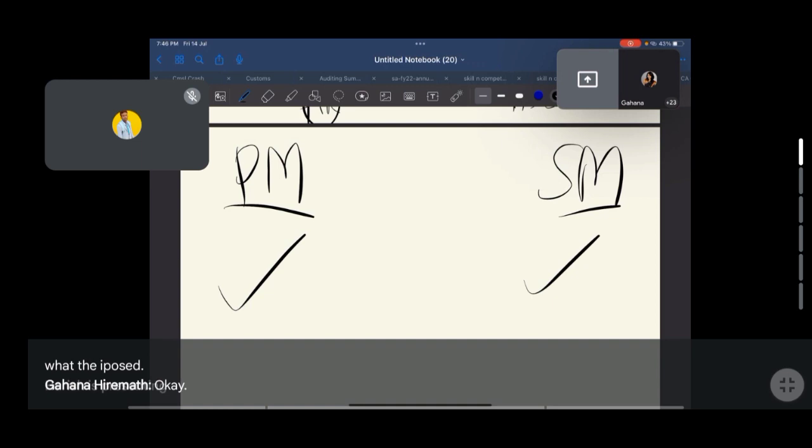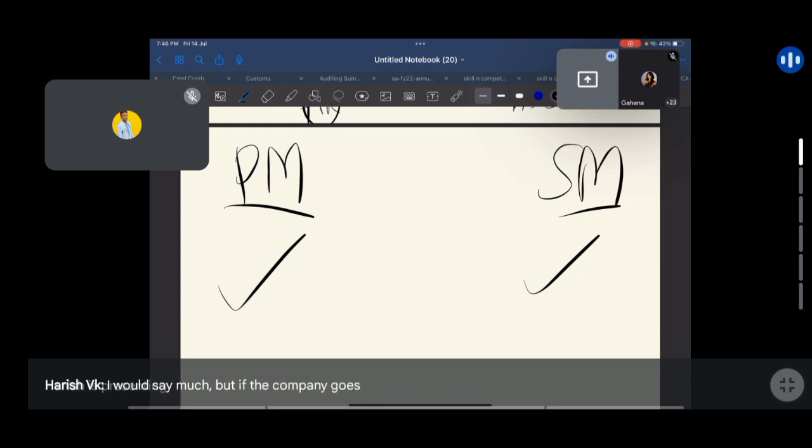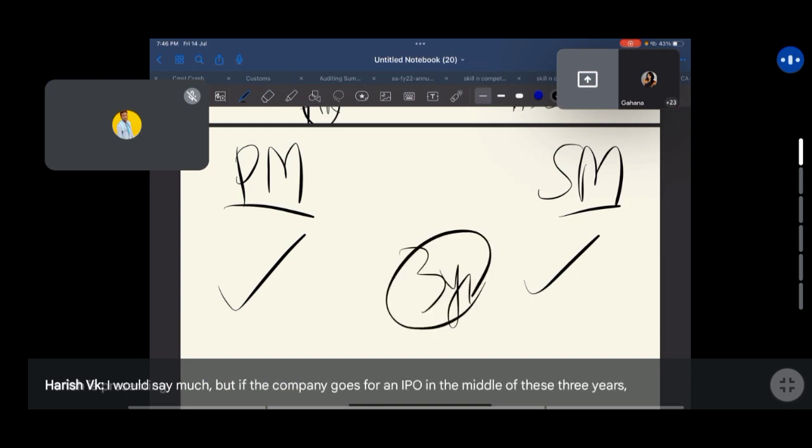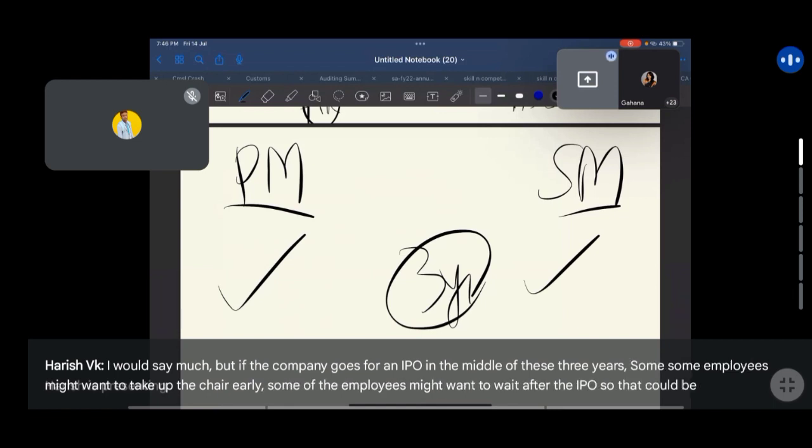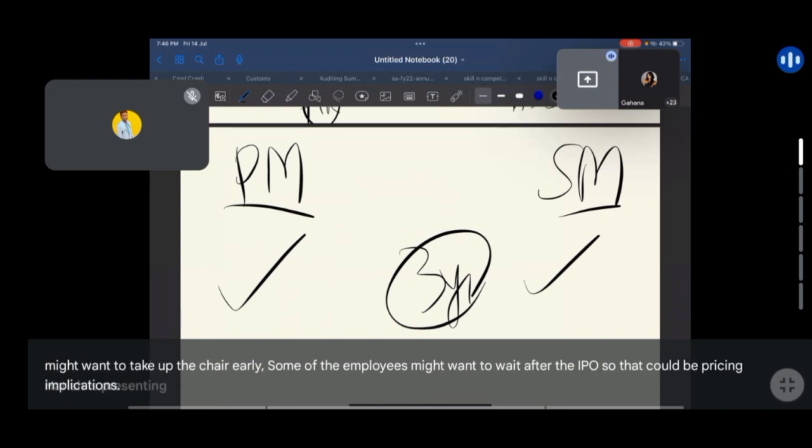But if the company goes for an IPO in the middle of these 3 years, some employees might want to take up the shares early. Some of the employees might want to wait after the IPO. So there could be pricing implications. But as such, there need not be any decision-making problem for the company because these are pre-existing contracts with the employee.